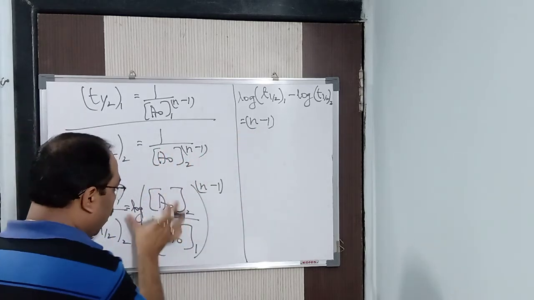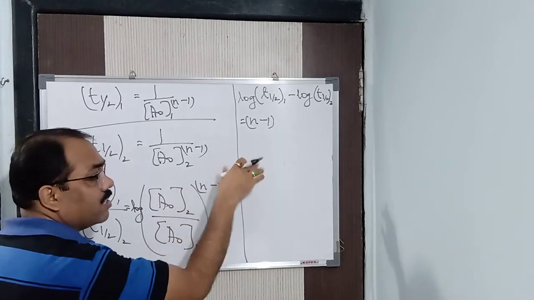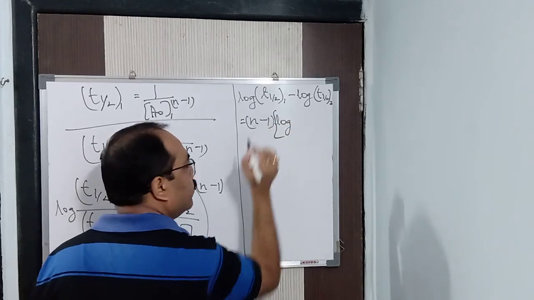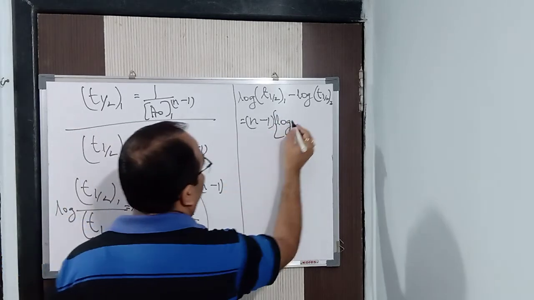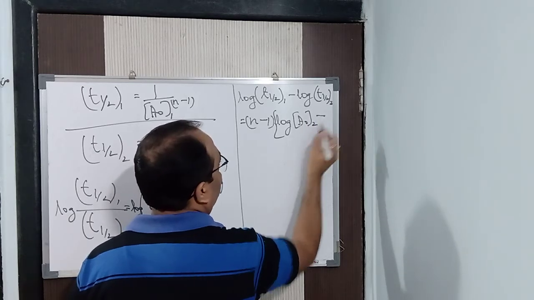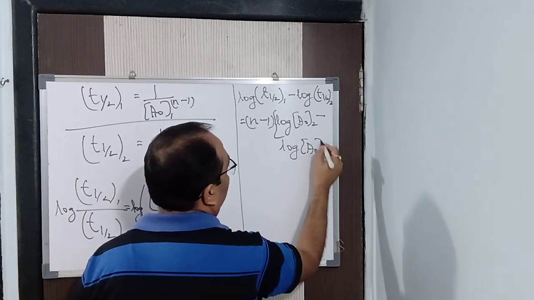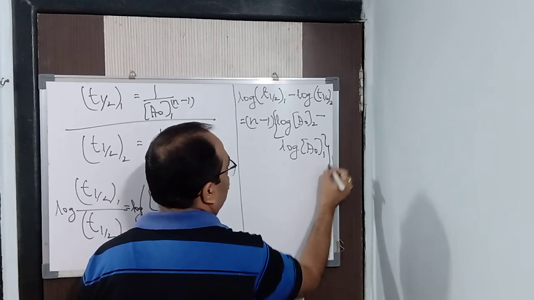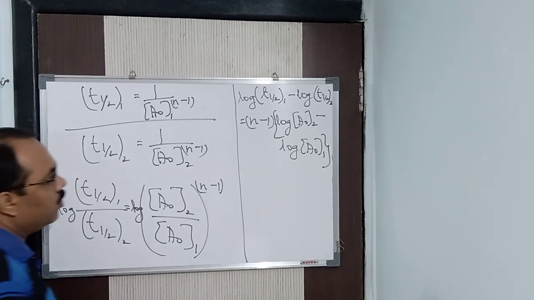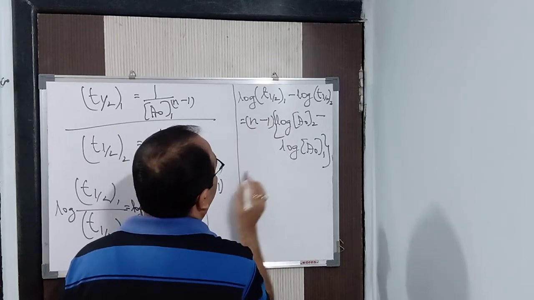Let us take the whole thing as a to the power x. So it is x log a. So, n minus 1 times log of concentration a naught 2 minus log of concentration a naught 1. Same thing, log a by b is log a minus log b. N minus 1 I multiplied it.